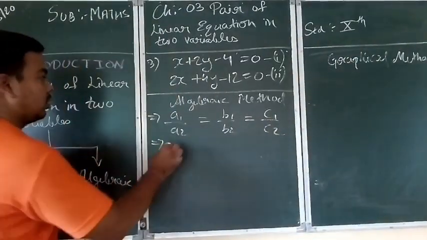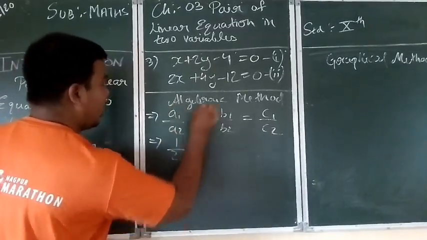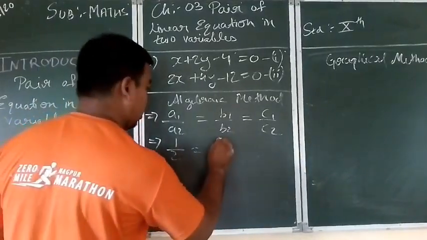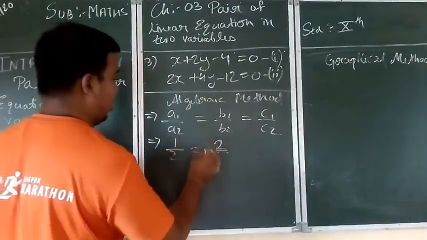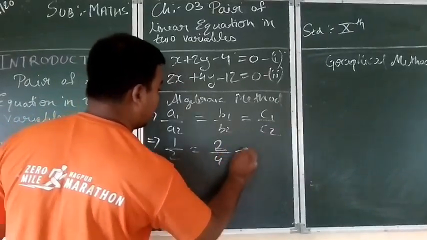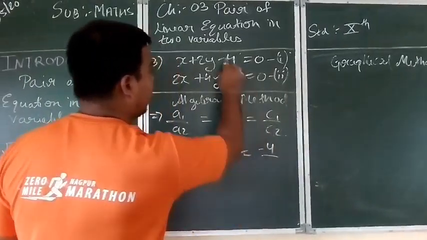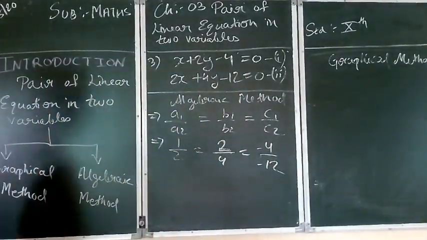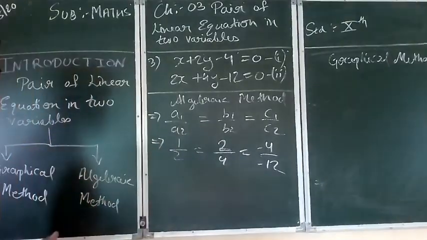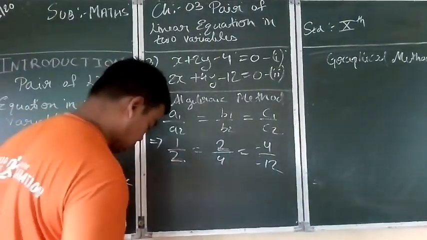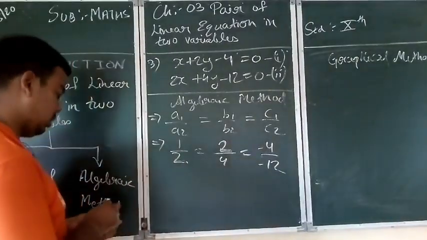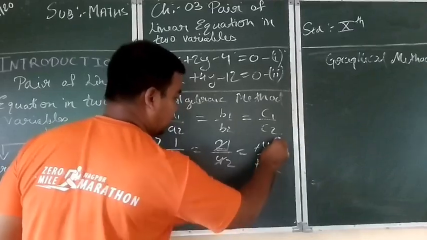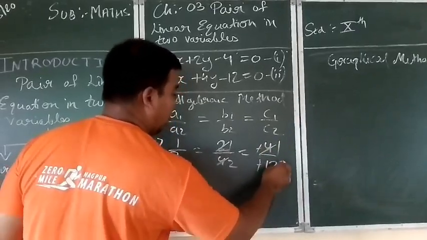So A1 is 1, A2 is 2, B1 is 2, B2 is 4, C1 is minus 4, and C2 is minus 12. Now compare the ratios. So 1 by 2, we cannot cancel this. Then 2 by 4, and 4 by 12.